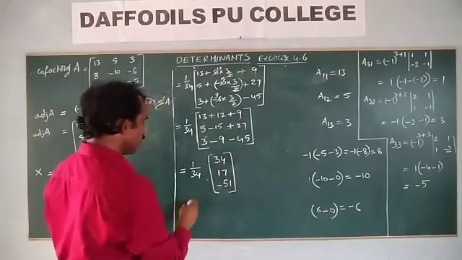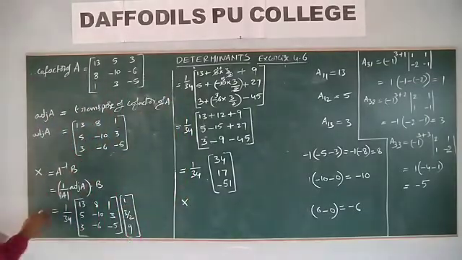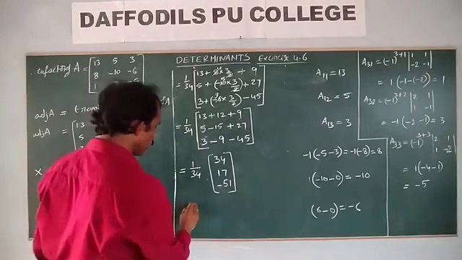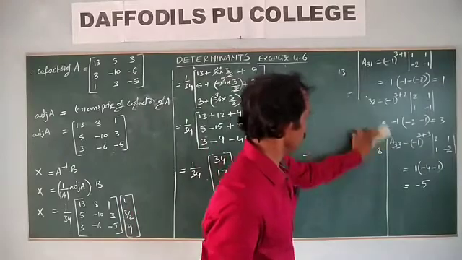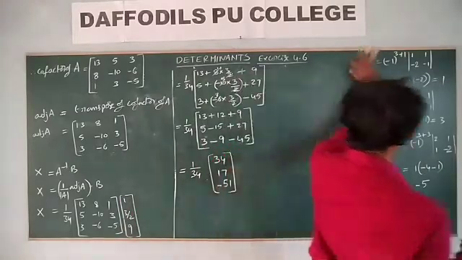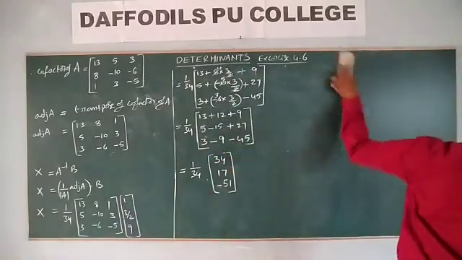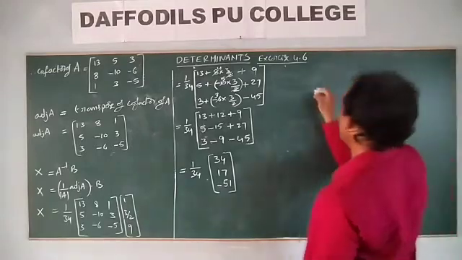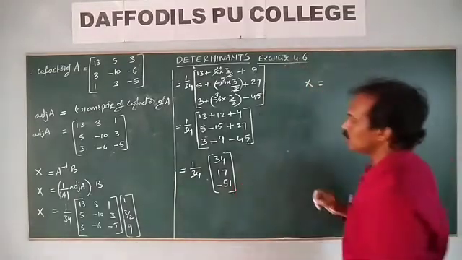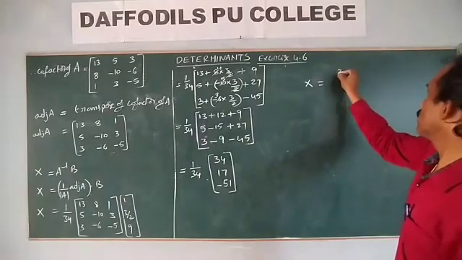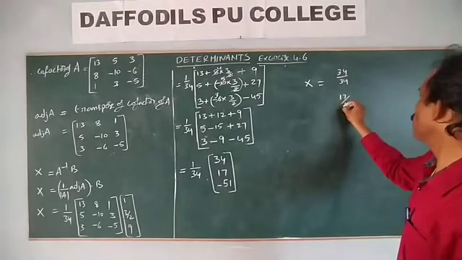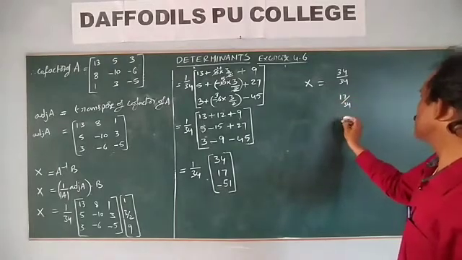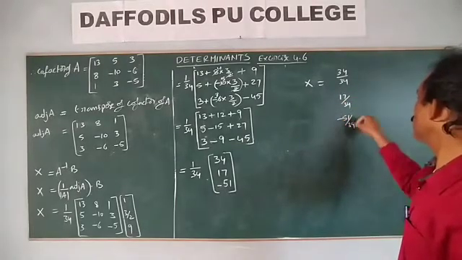Now we multiply this all. What is this one? This is X. Therefore X is equal to 34 by 34, 17 by 34, minus 51 by 34.